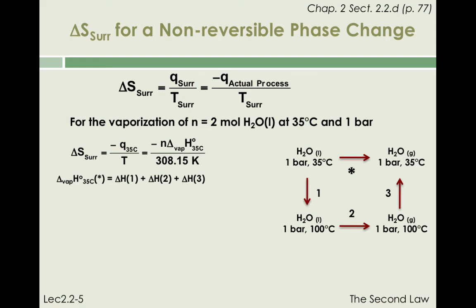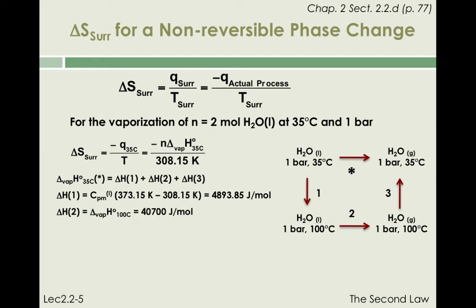If we carry out these calculations for 1 mole of water liquid, we write delta H for 1 equals CPM for water liquid times 373.15 Kelvin, the final temperature of step 1, minus 308.15 Kelvin, the initial temperature of step 1, equals 4,893.85 joules per mole. Delta H for step 2 is equal to 40,700 joules per mole at 100 degrees Celsius.